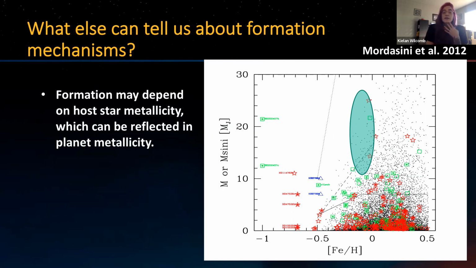The dotted line is if you force the ice line to be at a specific location and not move around with disk properties. And this apparently helps giant planets form at low metallicities. This green oval represents where Kappa And falls within the errors in the mass range. Most directly imaged planets land on the low metallicity side of things, while the core accretion synthetic planets fall towards the enhanced metallicity side of this plot.